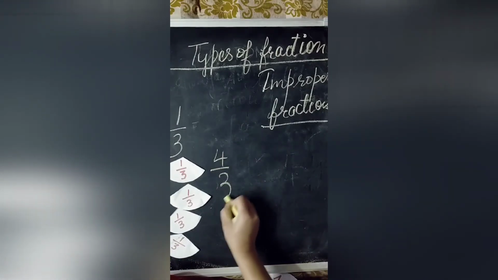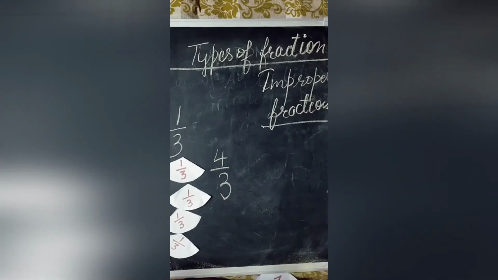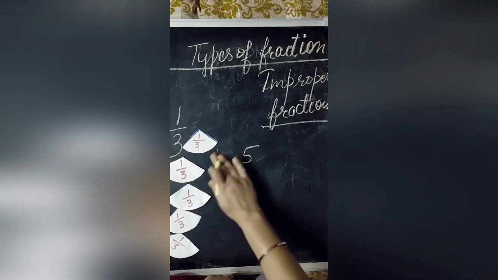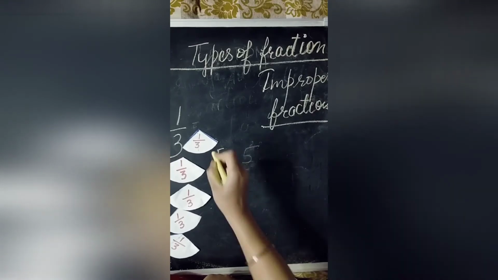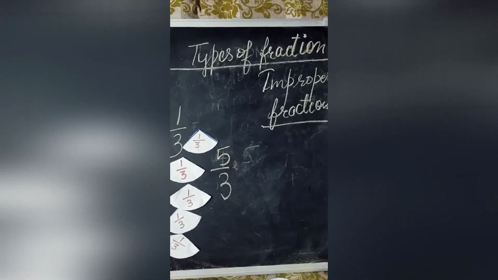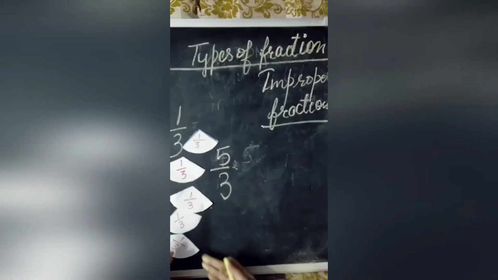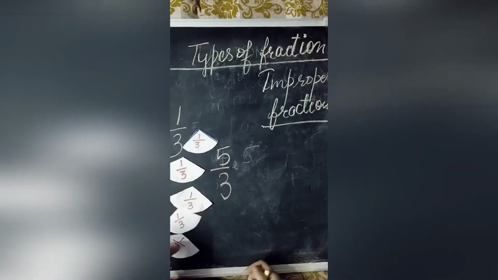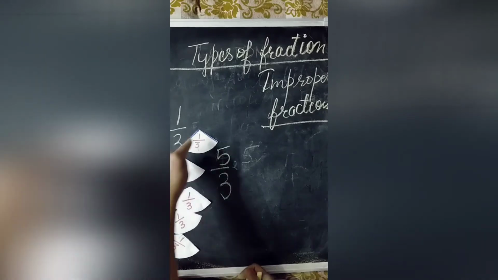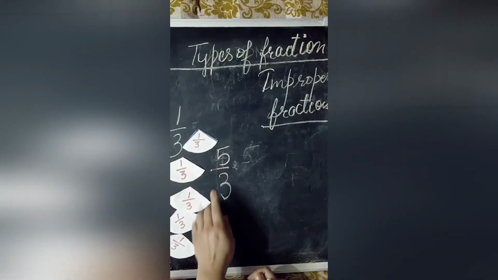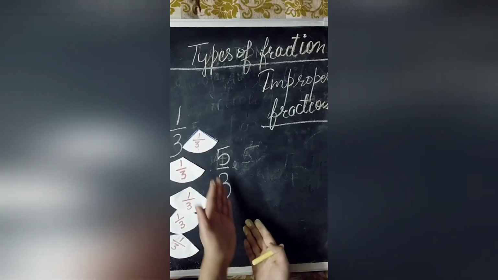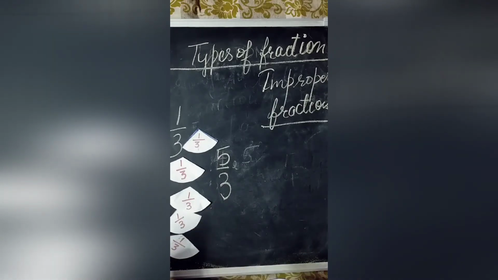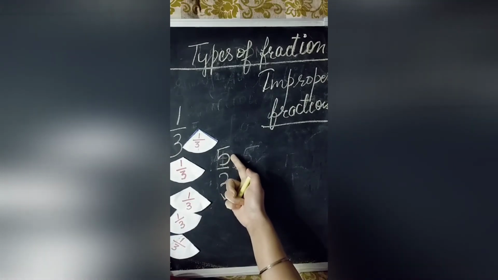So these are improper fractions. This is 5/3. Here we count the number of pieces, like 1/3, 2/3, 3/3, 4/3, 5/3. When we write the number of pieces of third piece size, here the number of pieces with third piece size are 5.